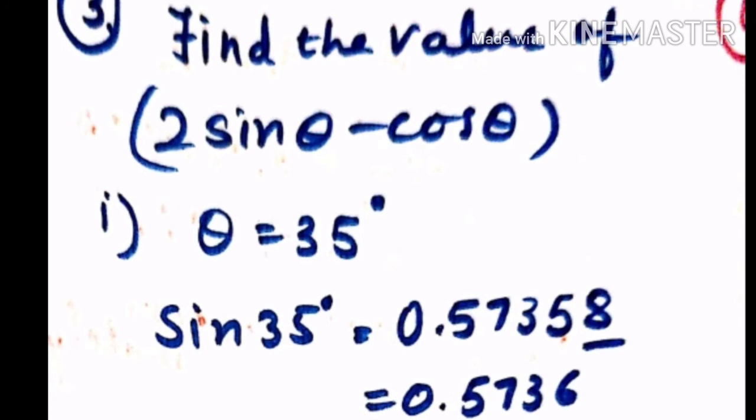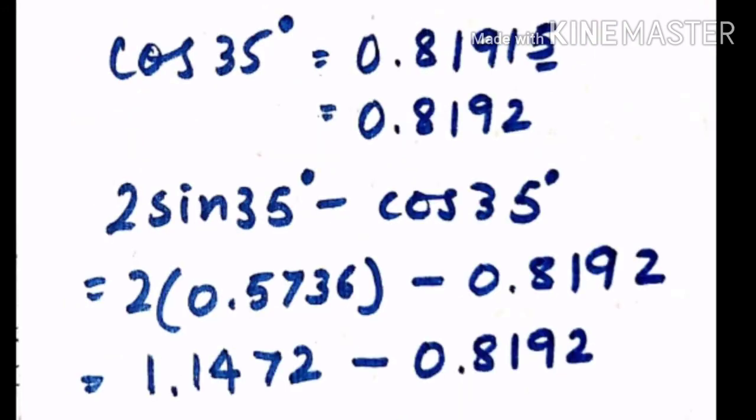Now you have to find the cos 35 value similarly from the cosine table. So open your cosine table and see 35 degree in the vertical column. Cos 35 degree is equal to 0.81915, and round it off up to 4 places, you get 0.8192.